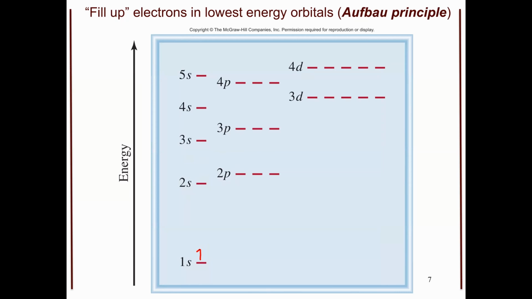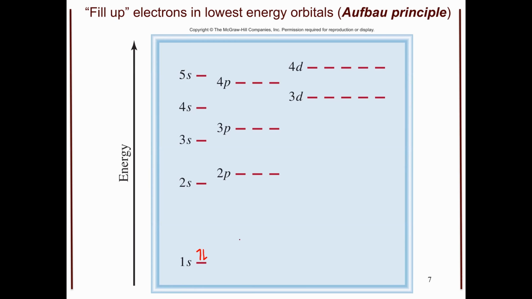So what does that mean? Well, now I need to add a second electron. I can either add it in the 2s, but I am going to actually add a second electron in here, flipping its spin, making the last quantum number the only change. And now I have a full orbital.